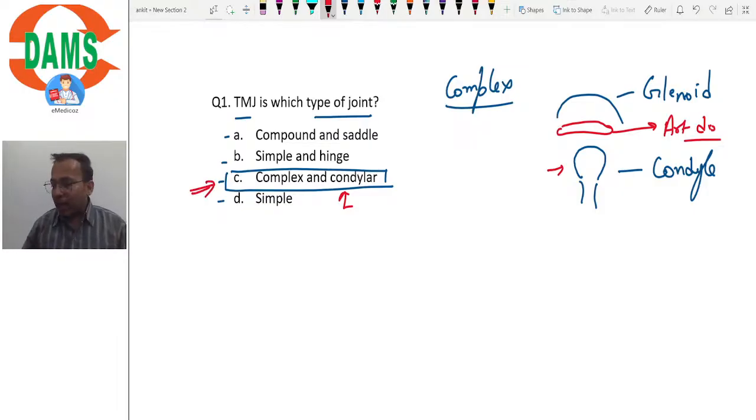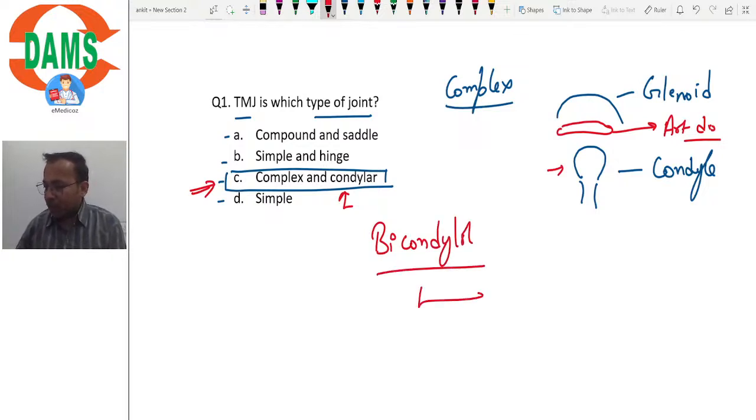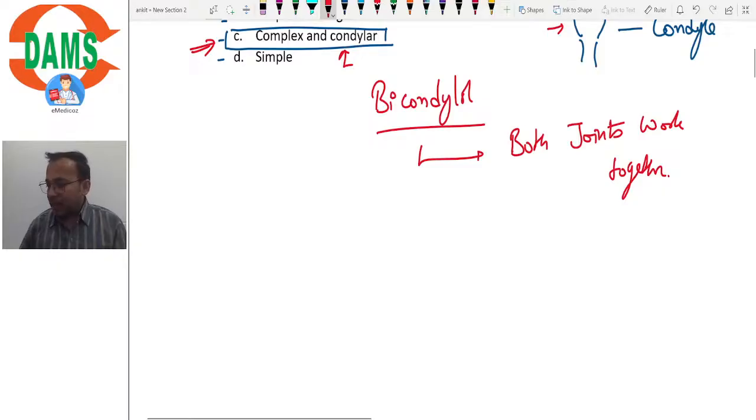So apart from that, how else can we classify TMJ? It can also be classified as bicondylar or diarthrodial, which means that both joints work together. Then it can also be classified as ginglymoarthrodial.